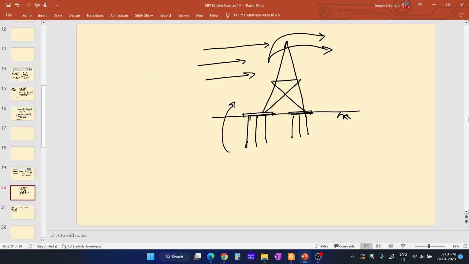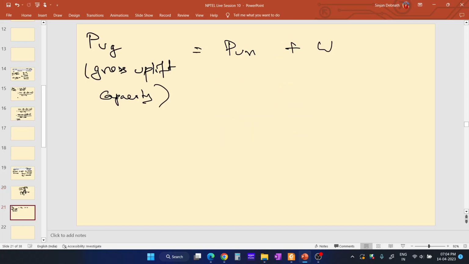You see the weight also contributes to the uplift capacity of the pile, because the weight of the pile is downwards, and it will try to restrict the uplift motion. So that's why it also contributes to the gross uplift capacity. This is equal to PUN, the net uplift capacity, and W is the weight of the pile.